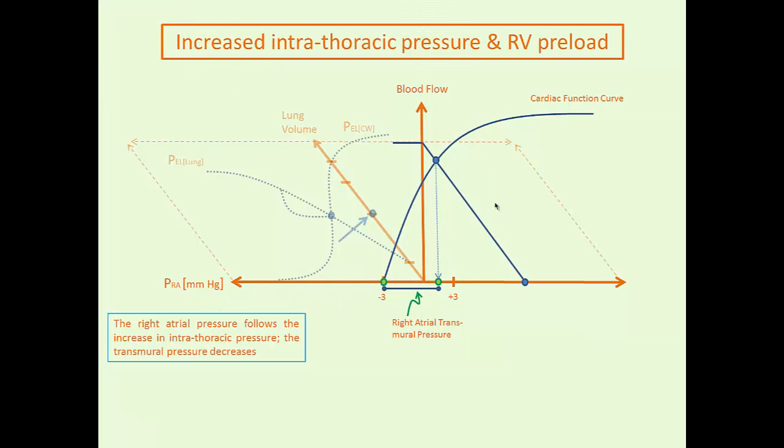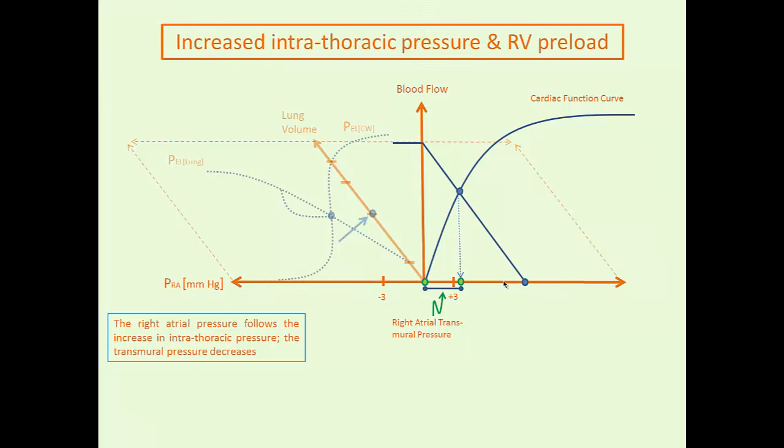And this is your venous return curve, and this is your right ventricular cardiac function curve, we'll say. I've generically labeled it cardiac function curve, but blue is right ventricular. So again, this portion, the x-intercept of your cardiac function curve, follows the increase in intrathoracic pressure. You shift the right ventricular cardiac function curve rightwards along the venous return curve, again, because there's no change in lung volume.